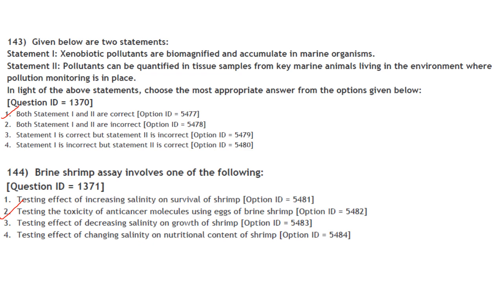Then next one. Given below are two statements. Statement 1. Xenobiotic pollutants are biomagnified and accumulate in marine organisms. Statement 2. Pollutants can be quantified in tissue samples from key marine animals living in the environment where pollution monitoring is in place.